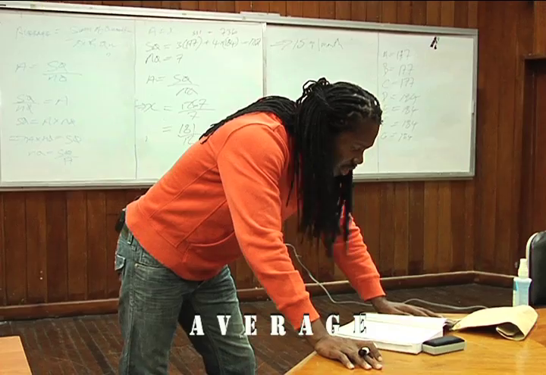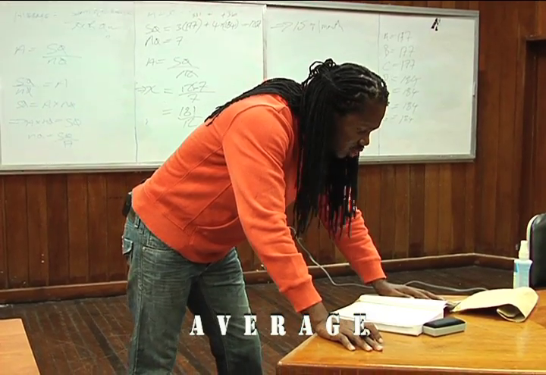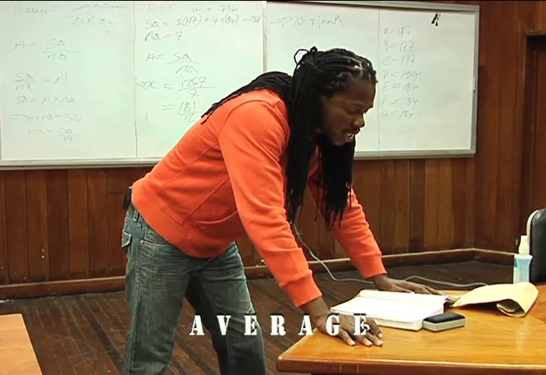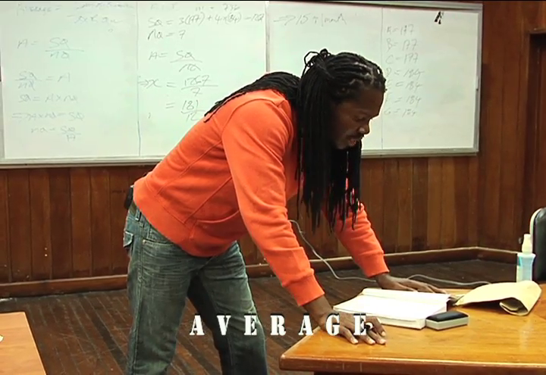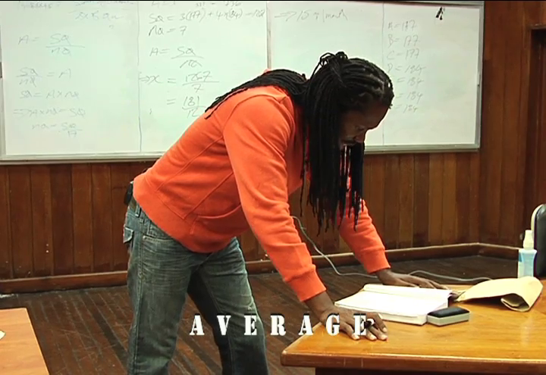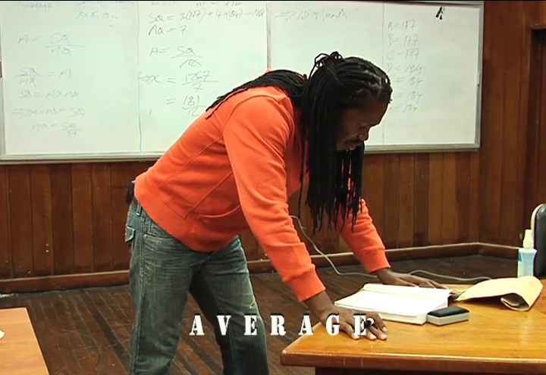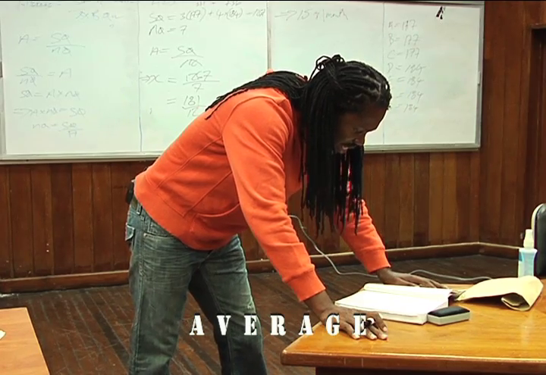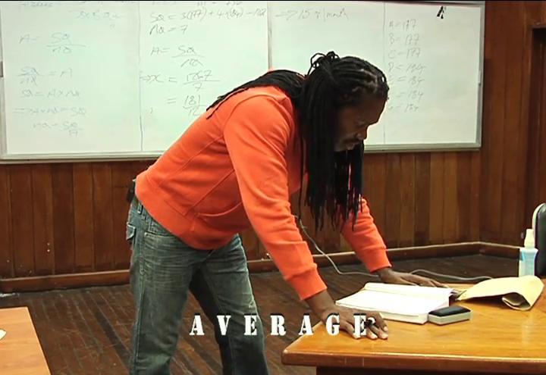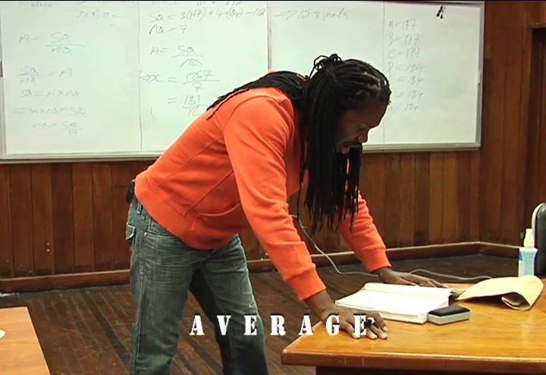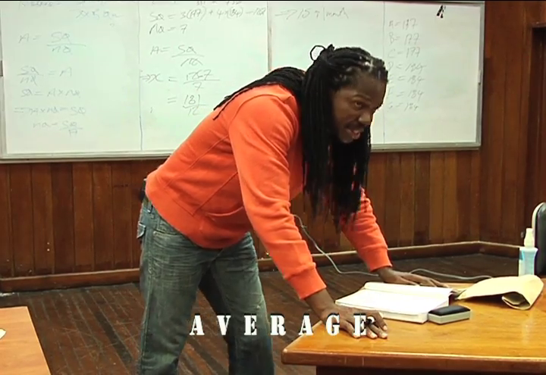Number 4. The average age of the teachers in a school is 39 years, and their total age is 1,170 years. Whereas the pupils, whose average age is 14 years, have a total age of 6,580 years. Find the average age of all the people in the school.